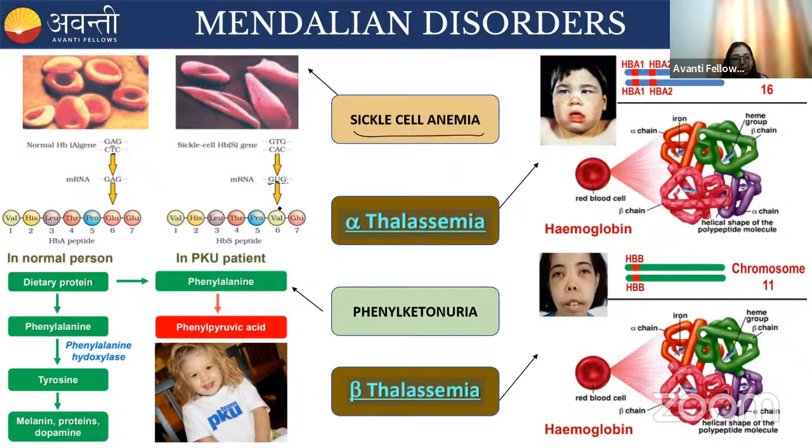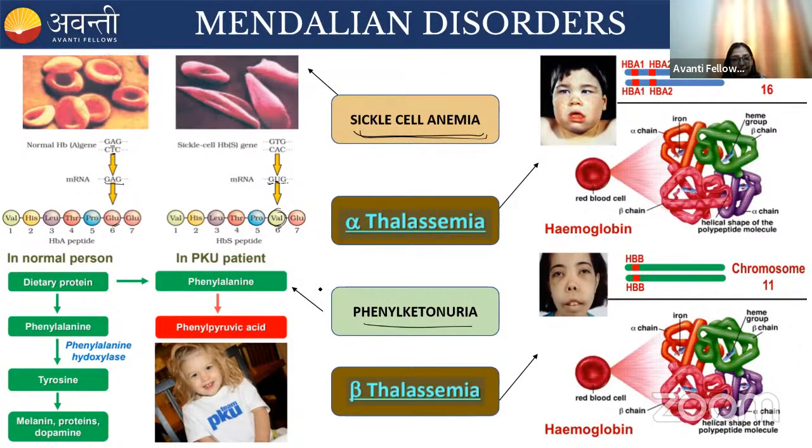This codon codes for valine at the 6th position. In the original sequence, GAG codes for glutamic acid at the 6th position. But after the mutation, the codon is GUG, which codes for valine. So the shape of the RBC gets changed and becomes sickle shaped.